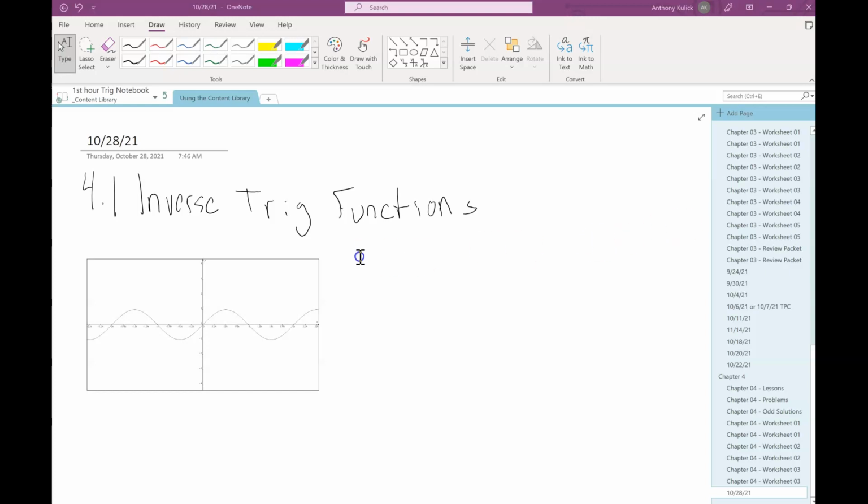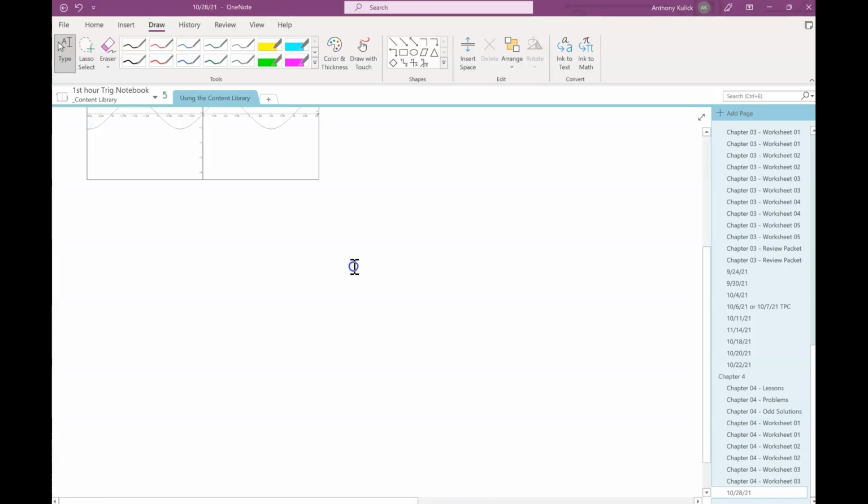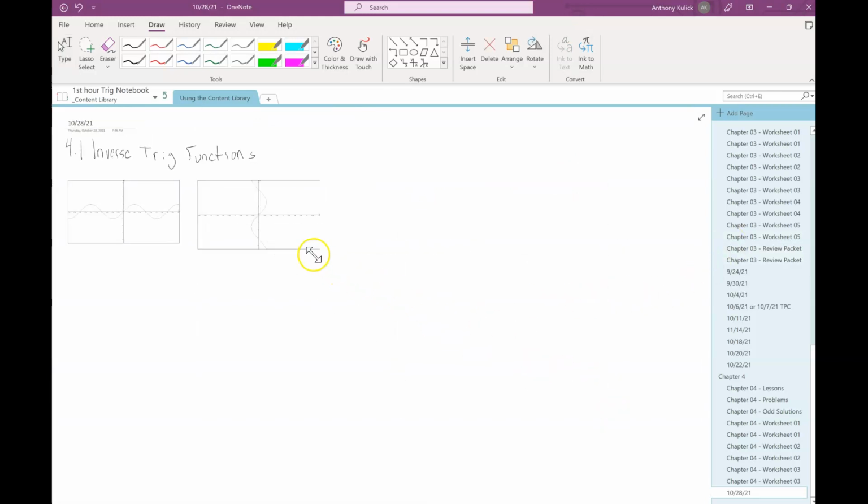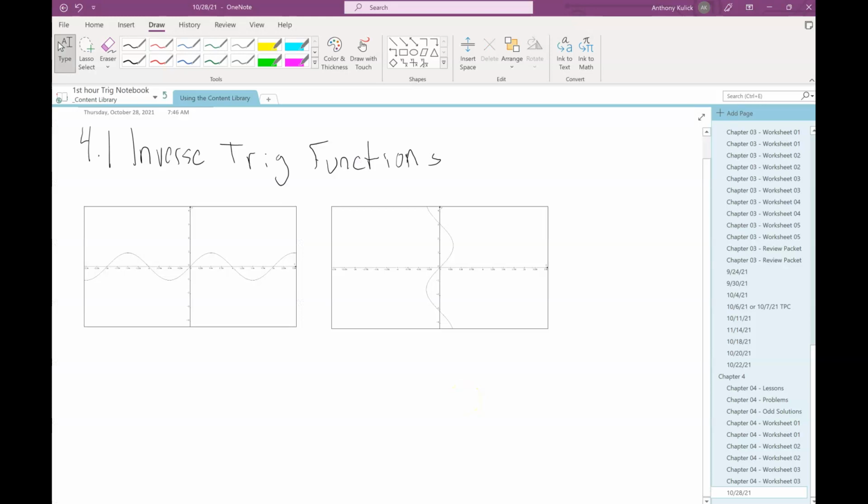So if I do that for my graph of sine, I get something that looks like that. Any issues we see with that?